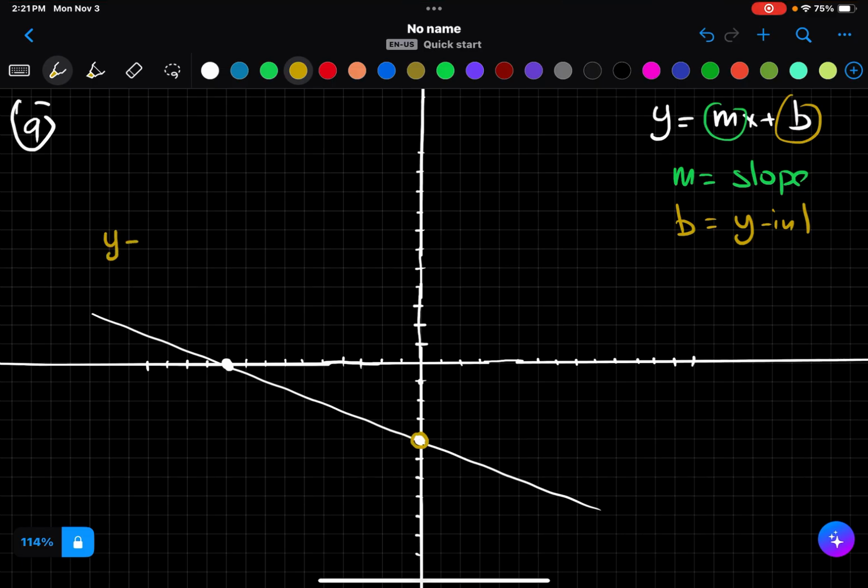So the y-intercept is at -4. The slope, again, find the nearest whole point. And that looks like it could be, let's see here, what could be a good one right over here? There's one here.